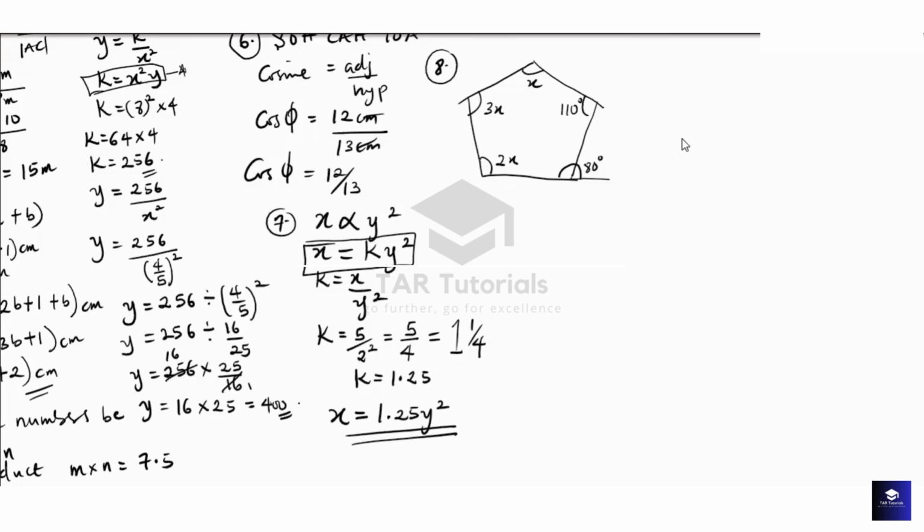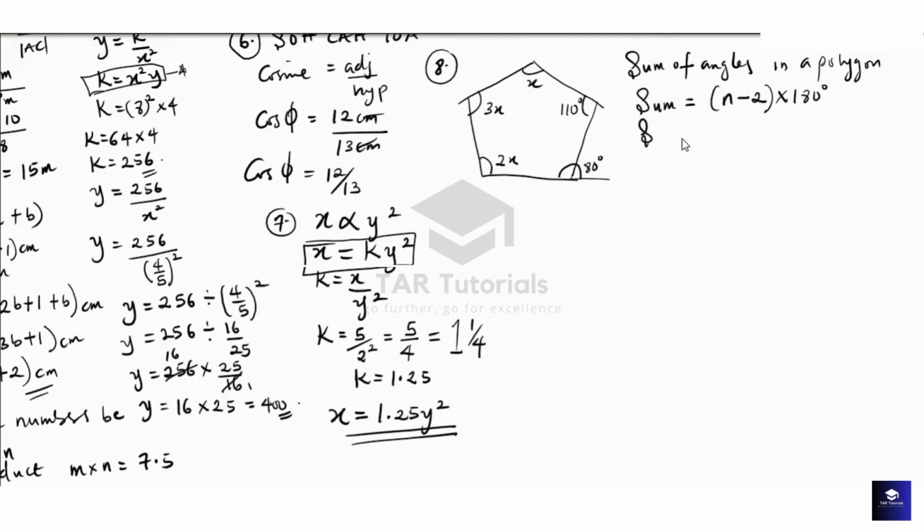There's a formula for that, which goes: sum of interior angles in a polygon is given as n minus 2 multiplied by 180 degrees, where n happens to be the number of sides.